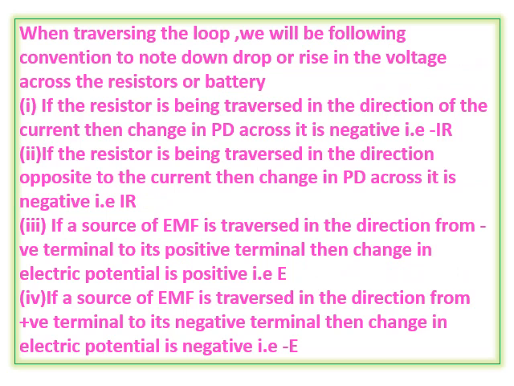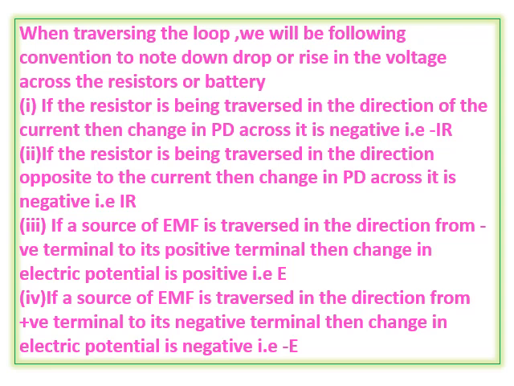Now, the sign conventions. When traveling around the loop, if the resistor is being traversed in the direction of current, then the potential difference change across it is negative. You know by Ohm's law V = IR, and we have to take the negative direction.